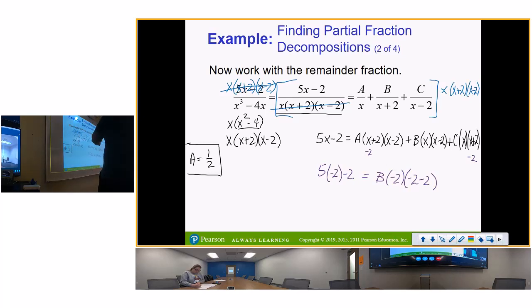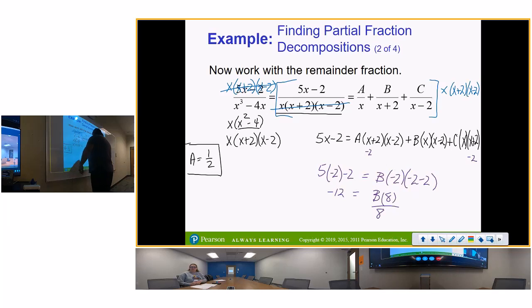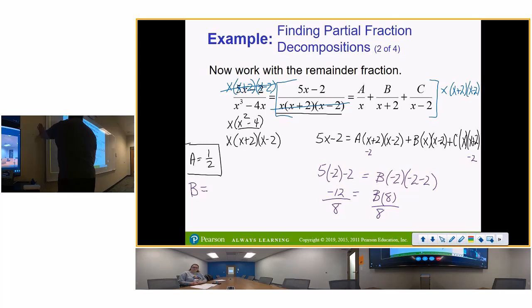That's negative 10. Minus 2 is negative what? 12. Negative 12. And negative 2 minus negative 2 is negative 4. Negative 4 times negative 2 is what? 8. And divide both sides by 8. So b is equal to what? Negative 3 over 2. Thank you.